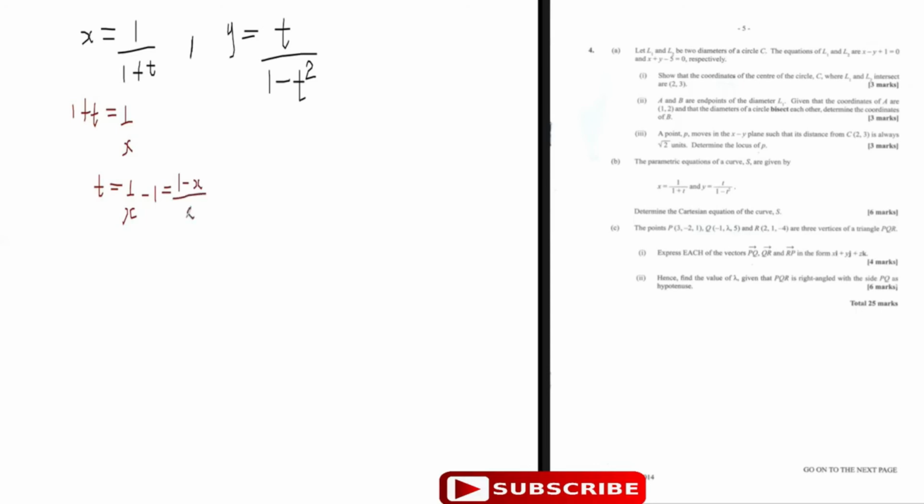All right, so I'm going to substitute t as 1 minus x over x into y. And so what I'm going to get then is y is equal to t, which is 1 minus x over x, and all of this is divided by 1 minus t squared.